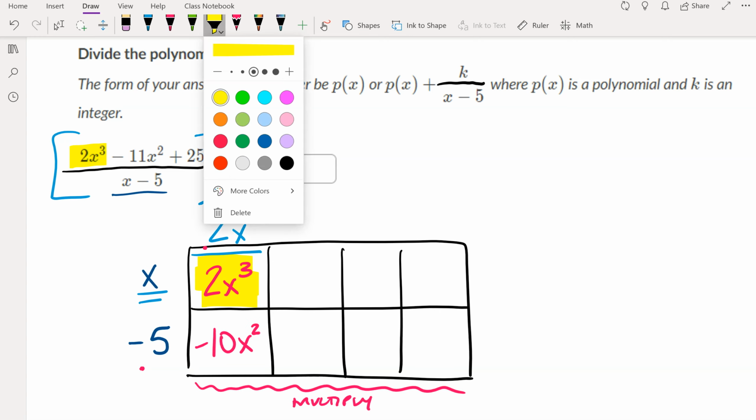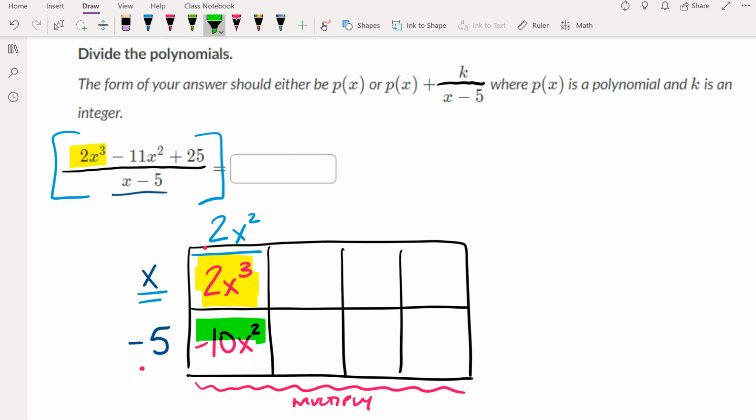And we know that those diagonals, the negative 10x squared and what's diagonal from it, are going to have to add up to the number of x squares we see in our numerator. So let's go to our numerator. There's x squared. How many do I see? Negative 11x squared. So we know that these two have to add up to negative 11.